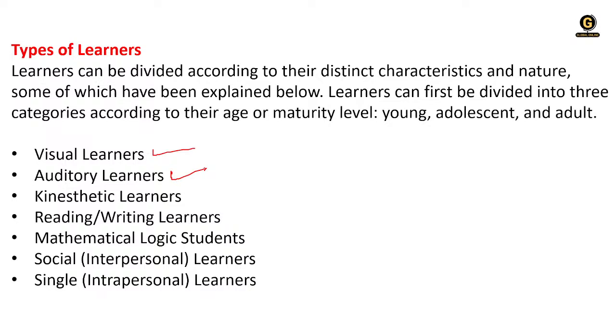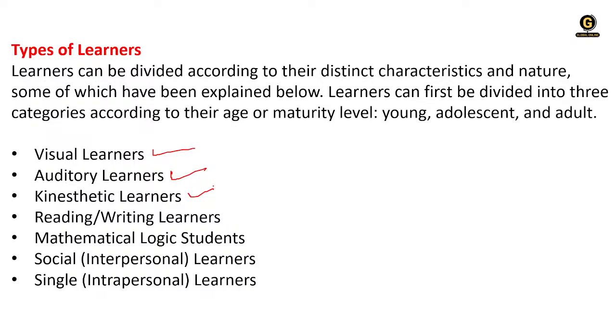They are more interested in auditory, that means just listening to the lectures and sessions. Getting it? Those are the auditory learners. Kinesthetic learners. Kinesthetic means they learn by doing something. They are more interested in doing practical work. Getting it? So these are called kinesthetic learners. Then reading and writing learners, who like to read and write. Those are reading and writing learners.